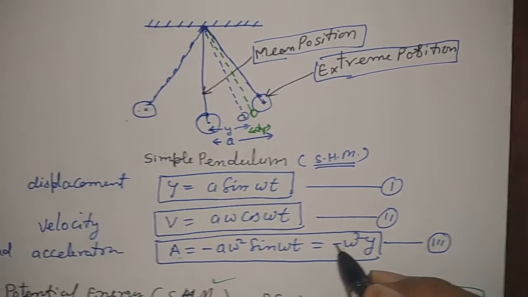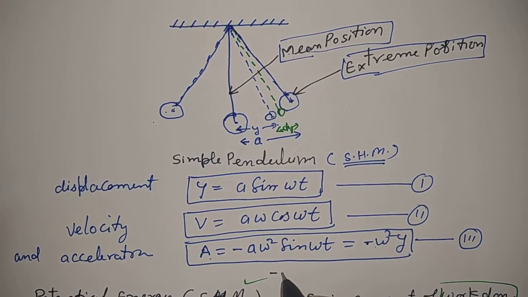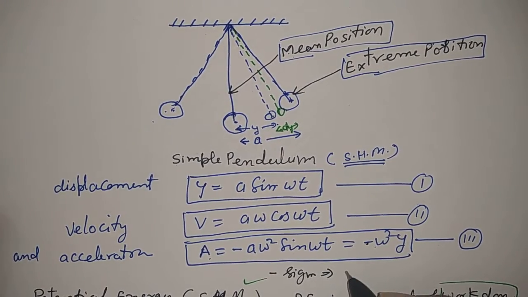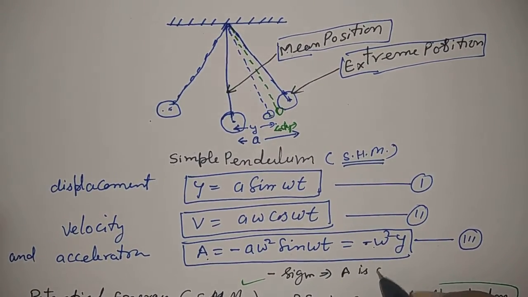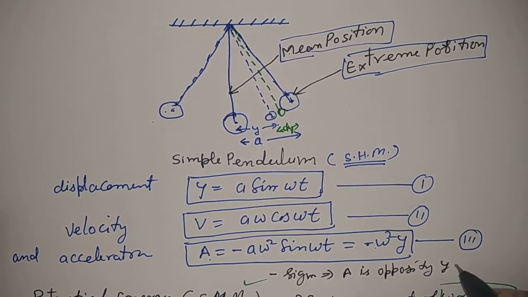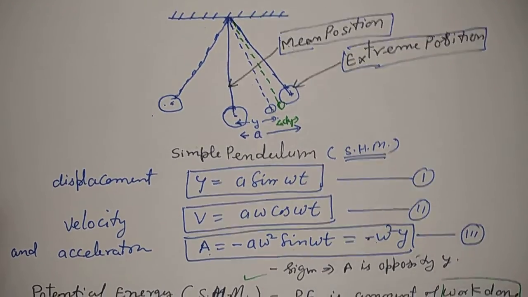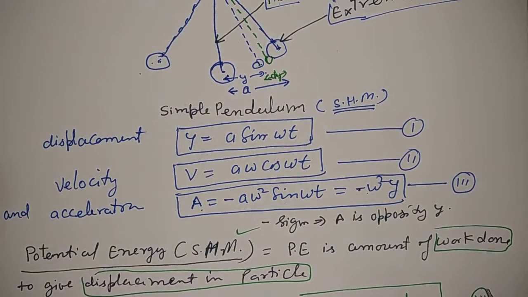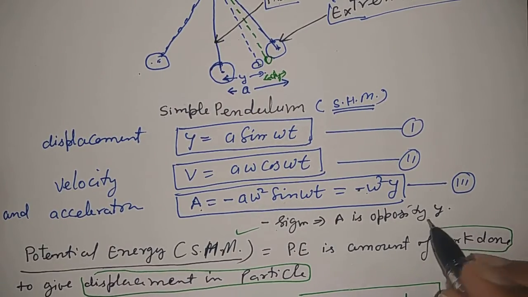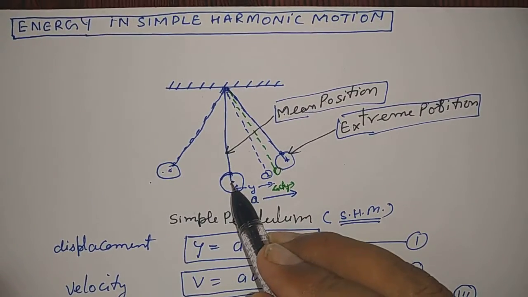The minus sign implies that acceleration is opposite to displacement y. Is it clear? So it acts against the work done, because the tendency of the restoring force is to bring the pendulum to its mean position.